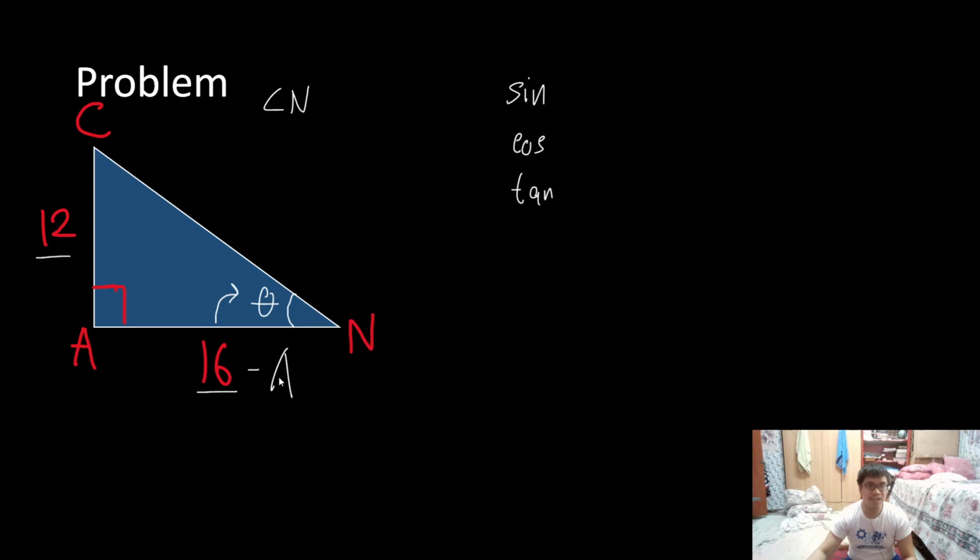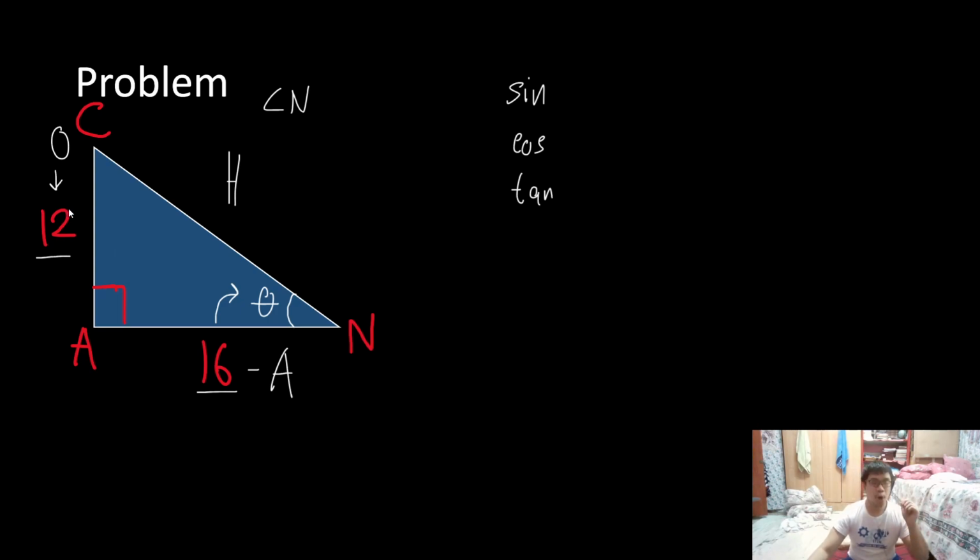So this is your adjacent. The other one is not adjacent to the angle. Okay, it's not beside that angle we are referring to. So that means 12 is your non-adjacent side or the opposite. And of course, in a right triangle, the slanted one, which is basically the longest side, that is your hypotenuse.